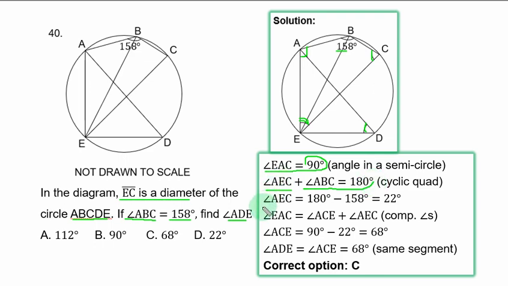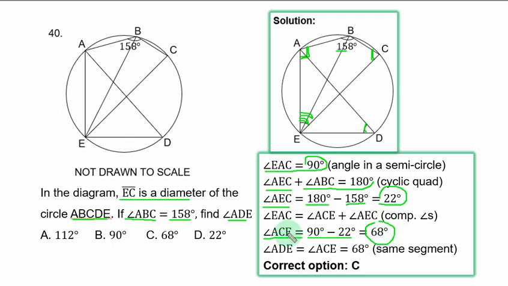So AEC is equal to 180 degrees minus ABC, that is 158 degrees, and that is 22 degrees. Since this angle is 90 degrees, if you add this angle to this angle it is equal to 90, complementary angles, and angle ACE is 90 degrees minus 22 degrees, and you have 68 degrees.